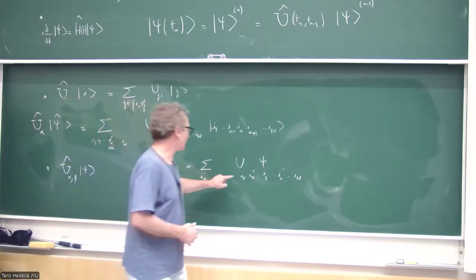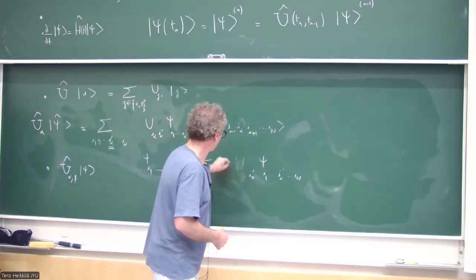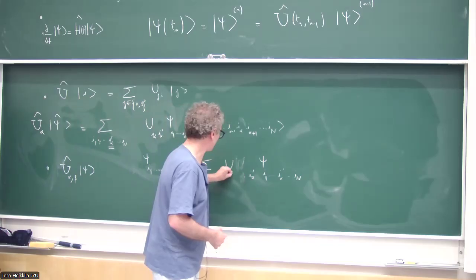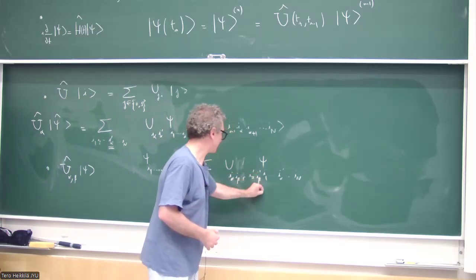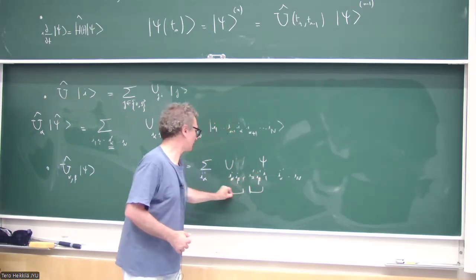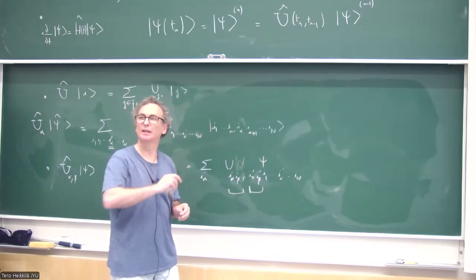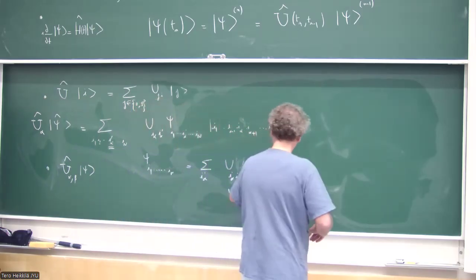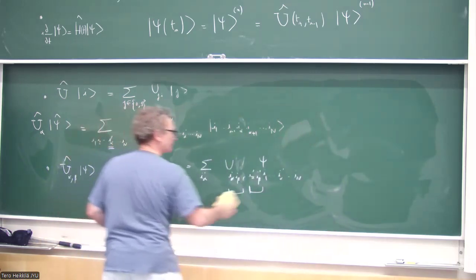So now you have a matrix which is now 4 by 4. It takes this and turns it into that. So now it's 4 by 4 because it acts on 2 qubits. And it's really going to be, let me write this one properly.